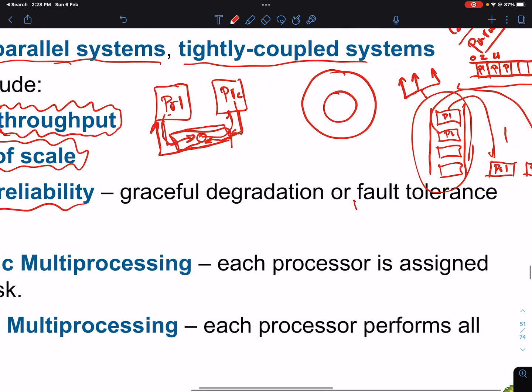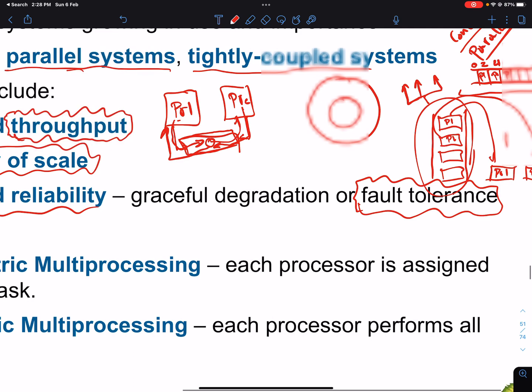Why? Because of the fault tolerance. Fault tolerance is a very important word, not just for operating systems, but for engineering in general. What is fault tolerance? As an engineer, when you build a system, you need to make sure that it can tolerate any fault that can happen.